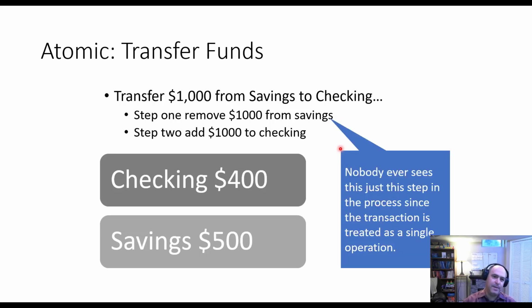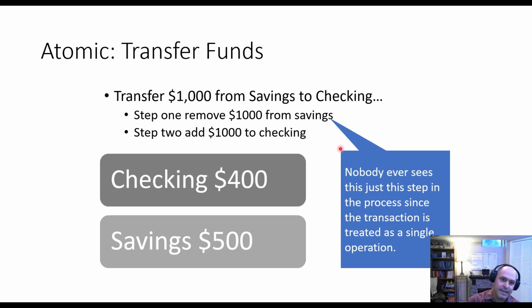Now, what makes it atomic is that during this step in the process, when the money's out of savings but yet to be in checking, nobody else will see the data in this state, okay? Because this is an intermediary state in the transaction, and it's not available to be seen by others.